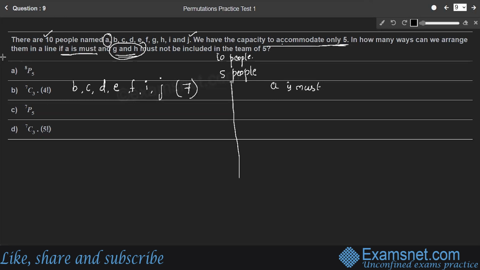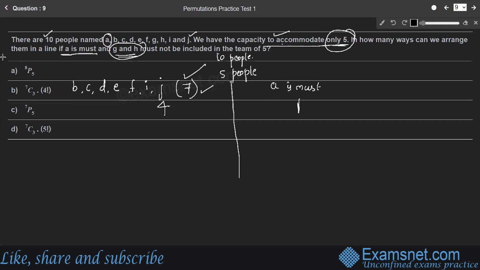Out of 7, we have to choose only 4 people, because we have the capacity to accommodate only 5. In that, A is a must, one person is a must. Therefore, we have to choose the remaining 4 people out of 7 people, B, C, D, E, F, I, and J. In how many ways can these 4 persons be chosen?